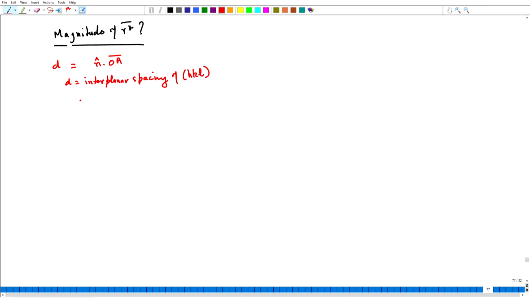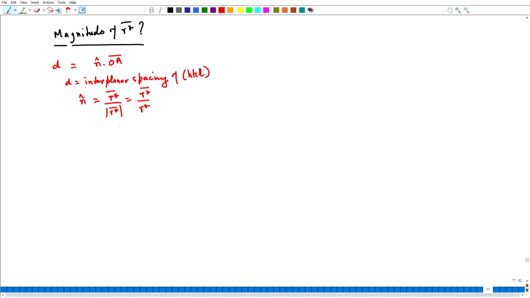Now, what is the unit vector n? The unit vector is along R star, the reciprocal lattice vector R star is parallel to that, and therefore, I can very easily define the unit vector as the vector R star divided by its magnitude, and I will write the magnitude without the bar.